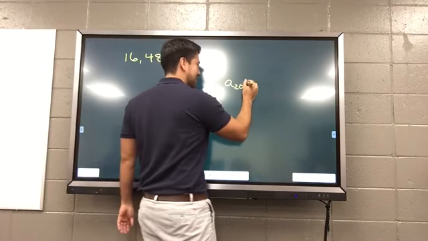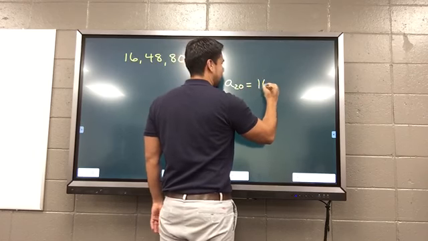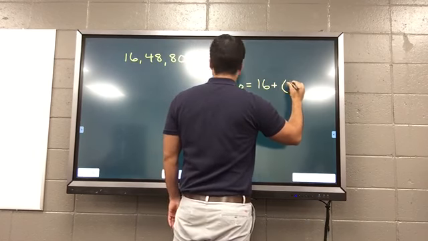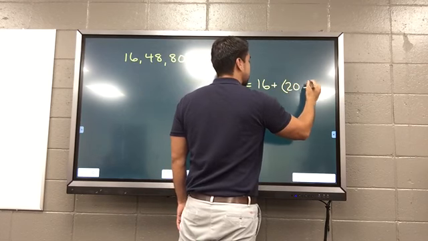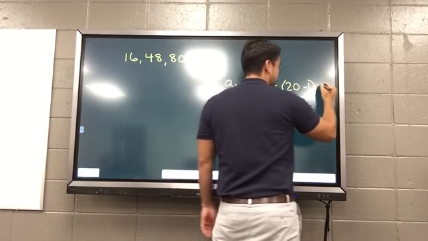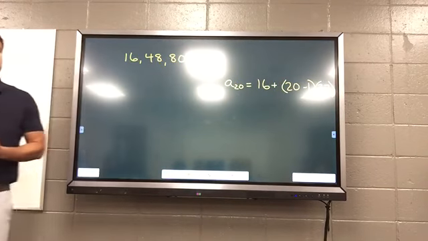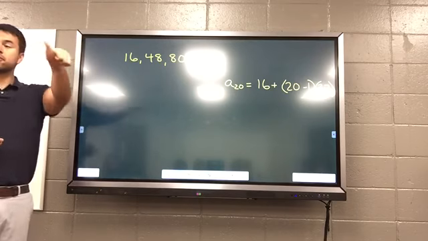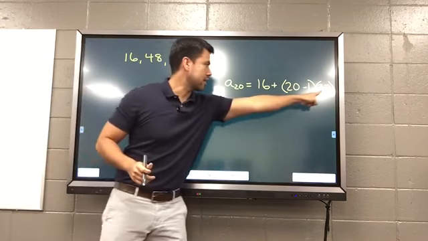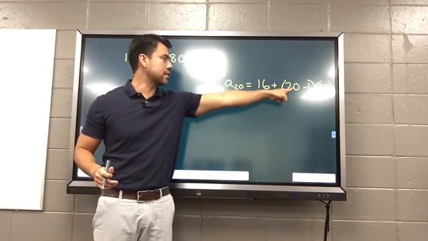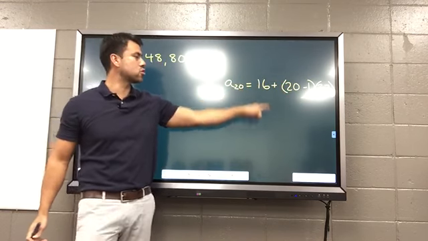I haven't figured it out yet. We're finding the 20th. And the common difference was 32. That's right there. We're looking for the 20th, so that's where we get those 20s. And the first term was 16.